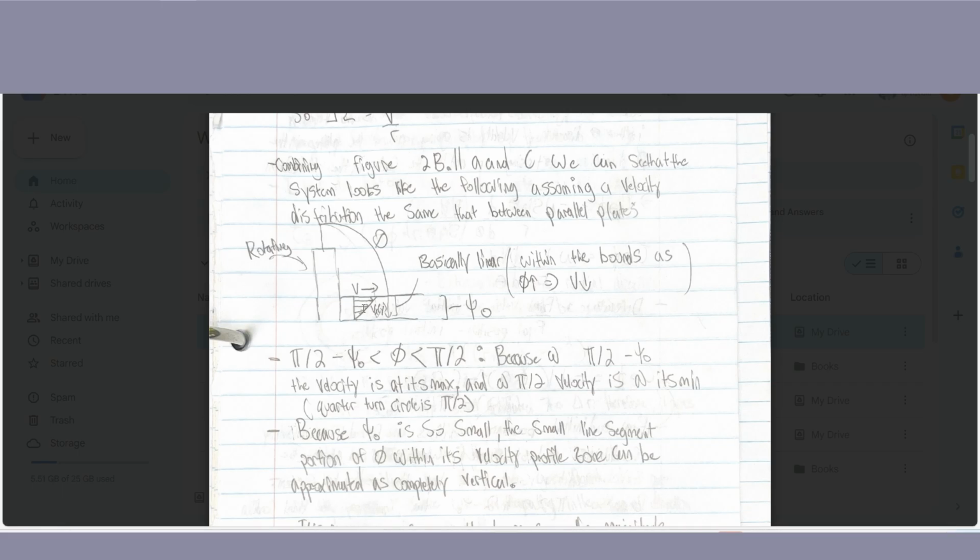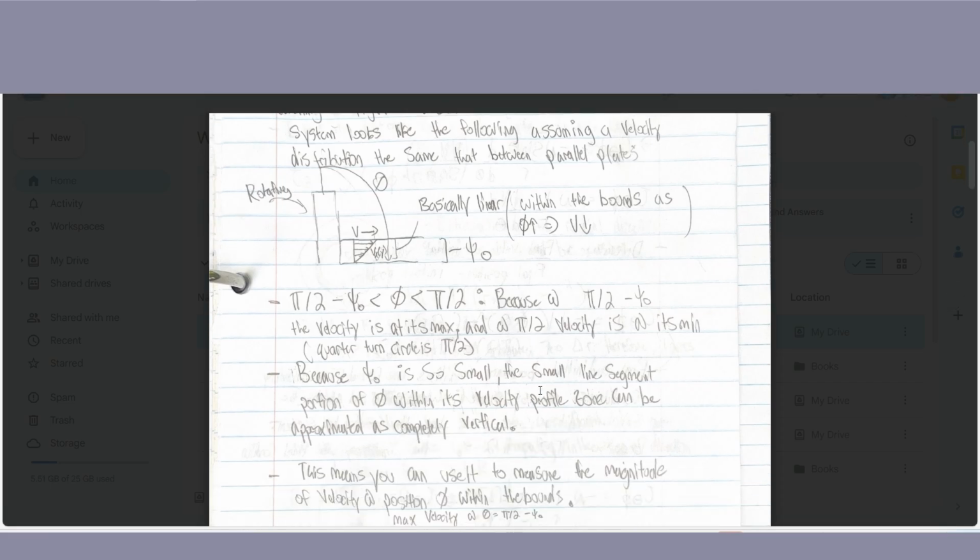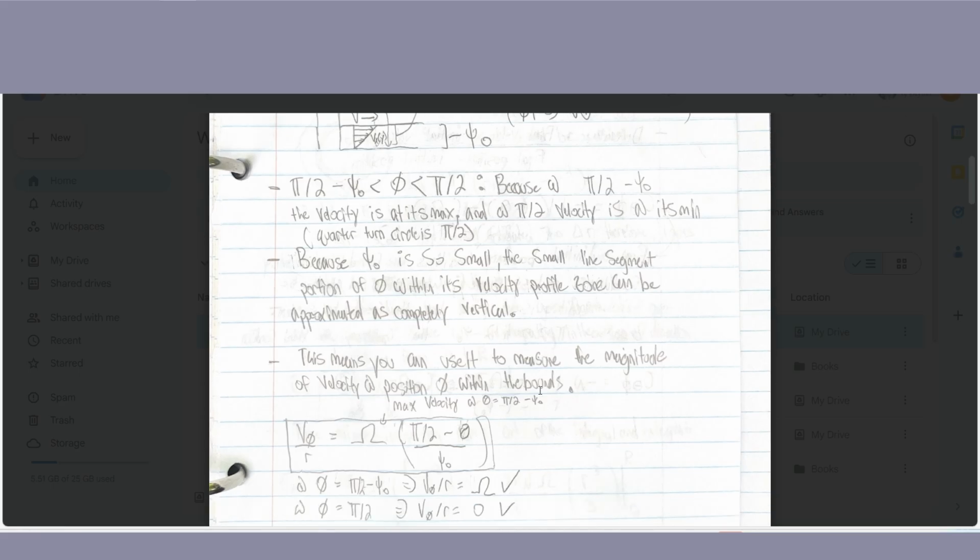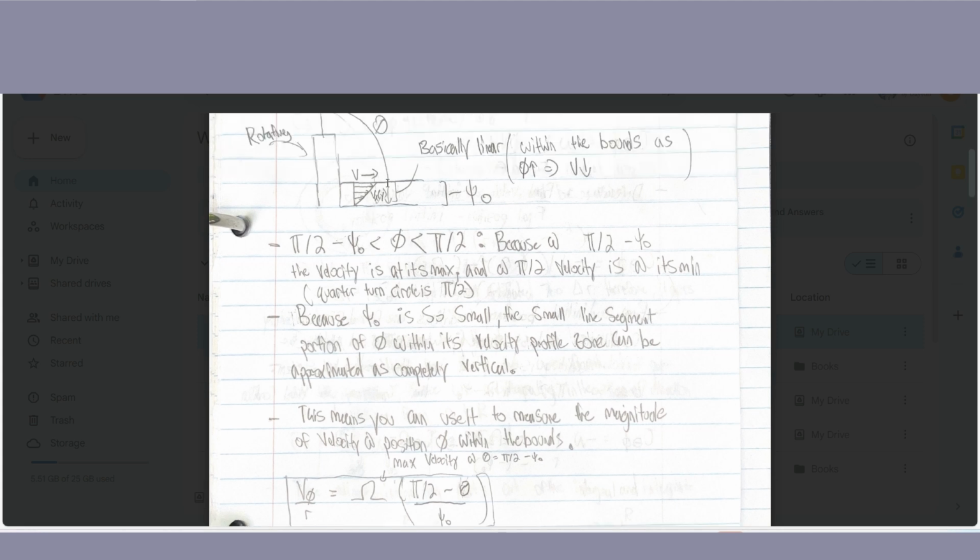So this height here is pi over 2 minus the trident radians, and the pi over 2 is just this length here. Because the trident is so small, the small line segment portion of theta within this velocity profile zone can be approximated as completely vertical. Because it's vertical, it'll have a linear relationship with this velocity profile here.